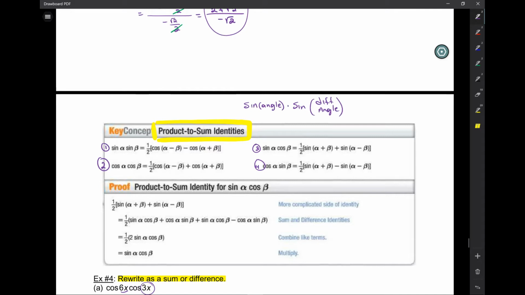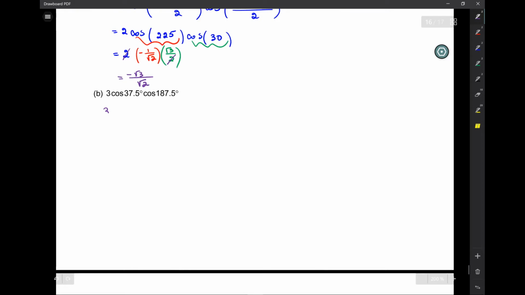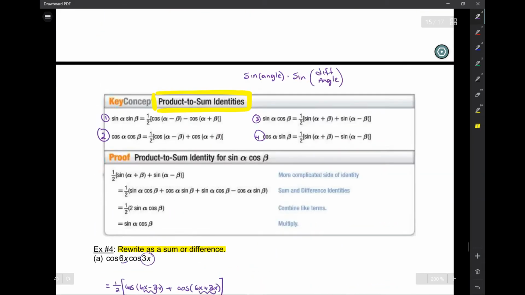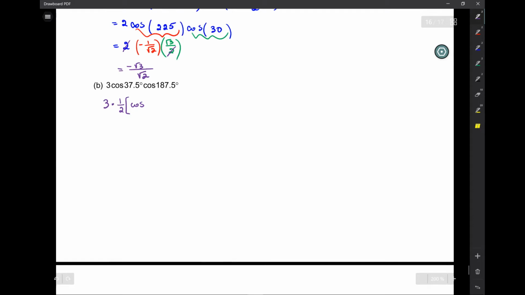So now we have to do some flipping back and forth. It's half of cosine of the difference plus cosine of the sum. So we have the 3 here, we can't let go of that, times half of cosine of the difference, because then you won't get halves.